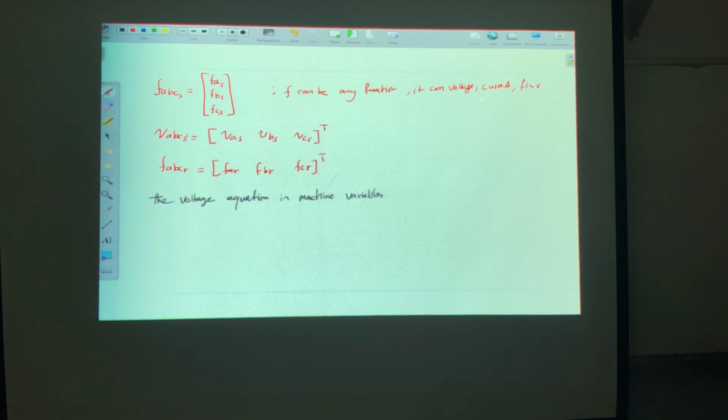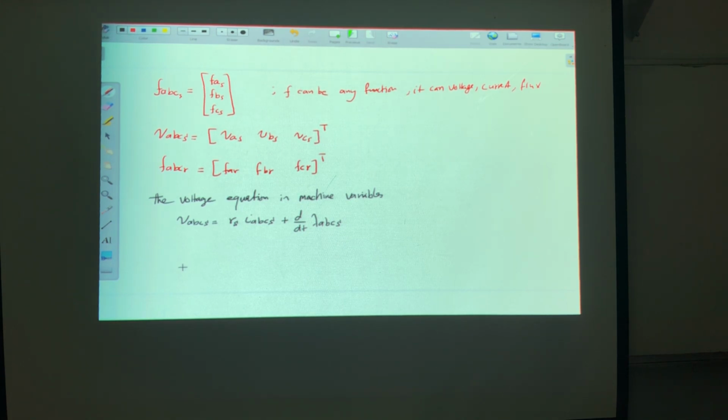So simply here, we will say that V_ABCS will equal R_S, which is the resistance, and this is a matrix, times I_ABCS plus d/dt of lambda_ABCS.